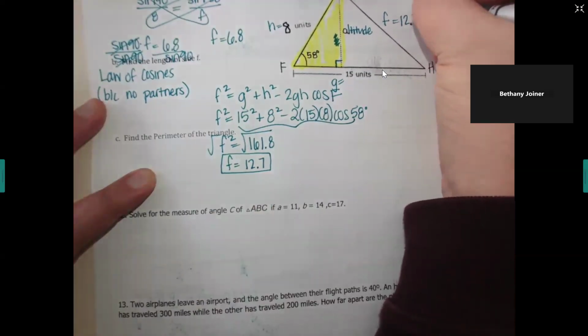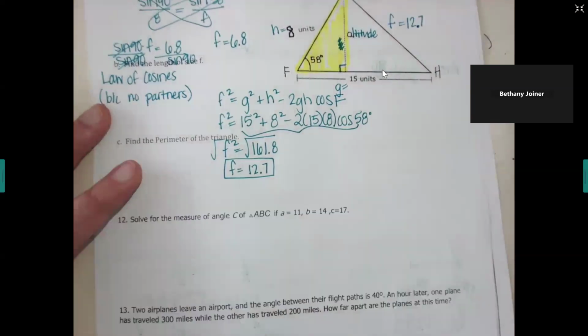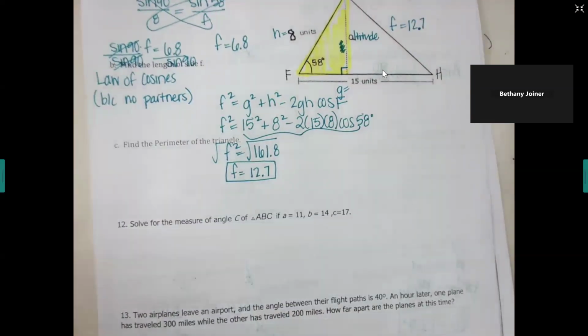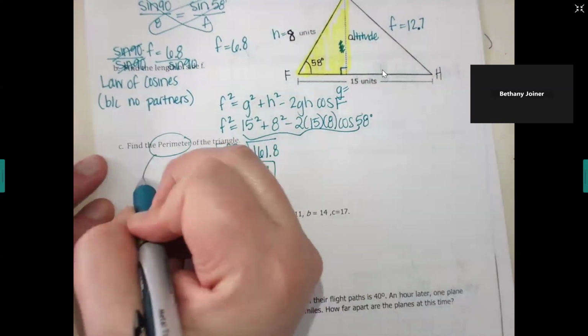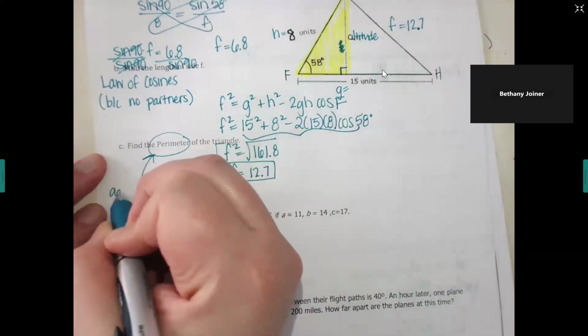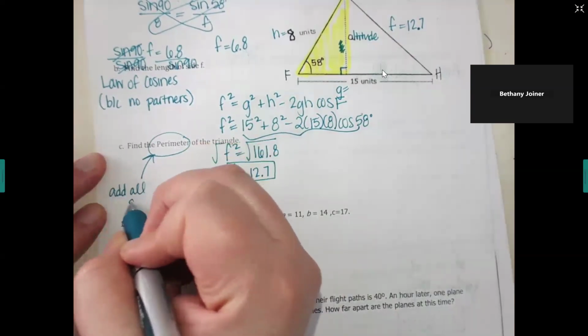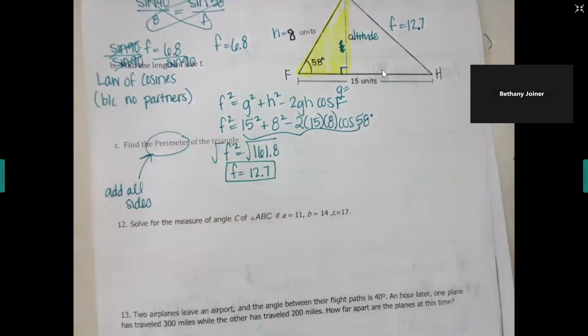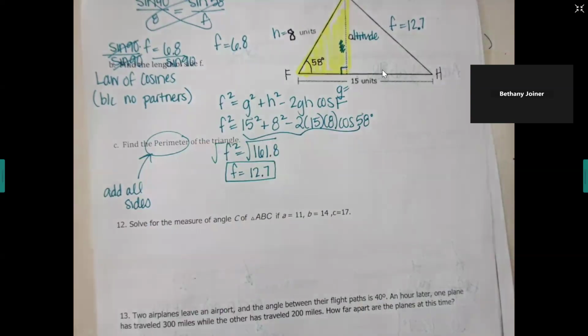Okay, the next question asks you to find the perimeter. How do you find the perimeter of a triangle? Yeah, just add all the sides, basically. Now, when we say sides, we're talking about the sides of the big triangle. Remember that your altitude goes through the triangle, but that would not be included in perimeter.